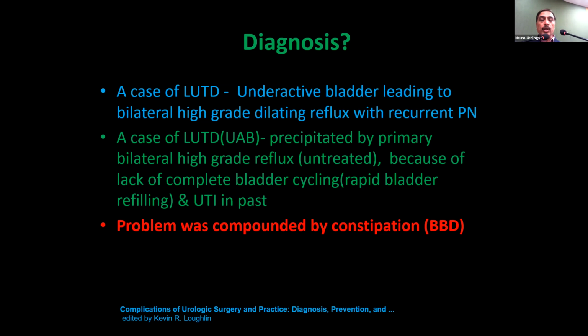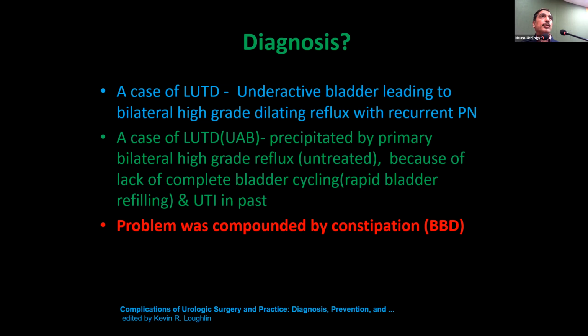The reason is that lack of complete bladder emptying is responsible for this, because there is rapid refilling of the bladder. So the bladder is exposed to rapid refilling because of high-grade reflux. The bladder never gets the required rest.